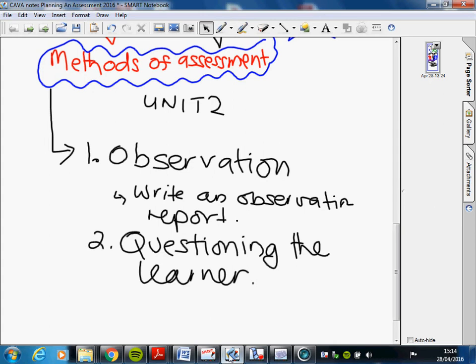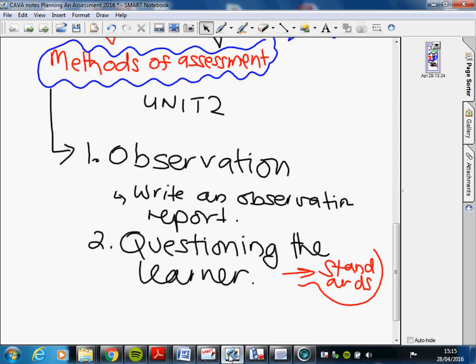You can ask a number of questions, and these questions must be underpinned by the actual standards from your practice. Even the things that you observe must be underpinned by the actual standards. So you're going to be observing, that's one assessment method. You're going to do questioning the learner.